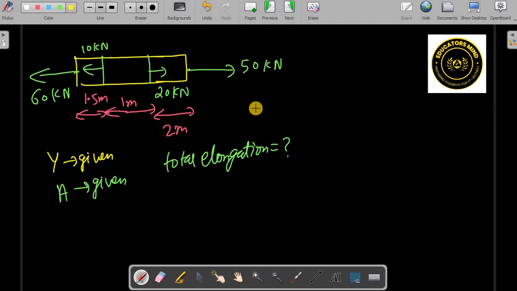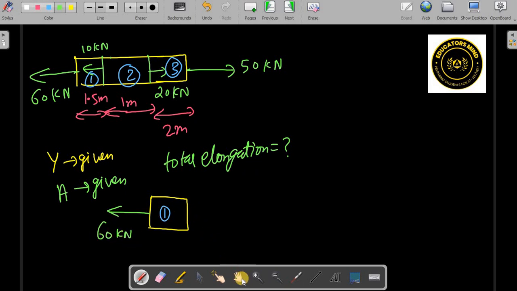To solve this type of question, what you are going to do is start from one end and let us apply the forces. These forces given are external forces. We have to balance them by internal forces. Let's write this as the first part, this is the second part, this is the third part. Let's take the first part. On this first part, the force acting here is 60 kilonewton, right?